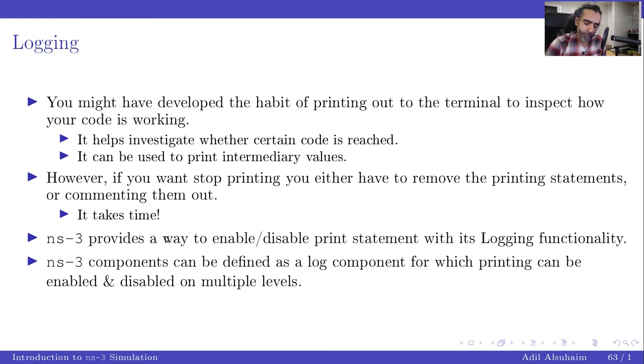Logging. If you are writing programs, you notice yourself having print statements here and there. And then when you want to submit the program, or if you want to run it without these prints, you have to comment them out. So ns-3 has a way to have multiple levels of log statements that you can turn on and off with basically little code or passing arguments.